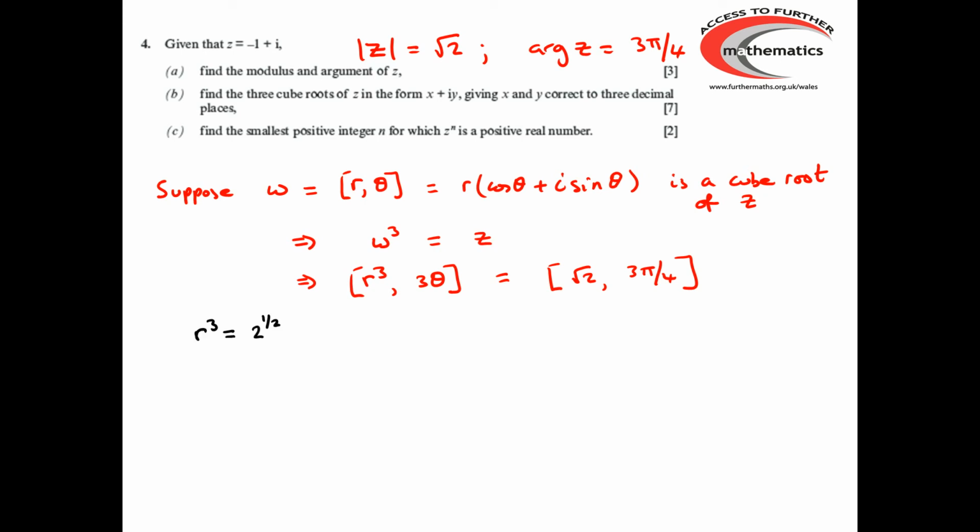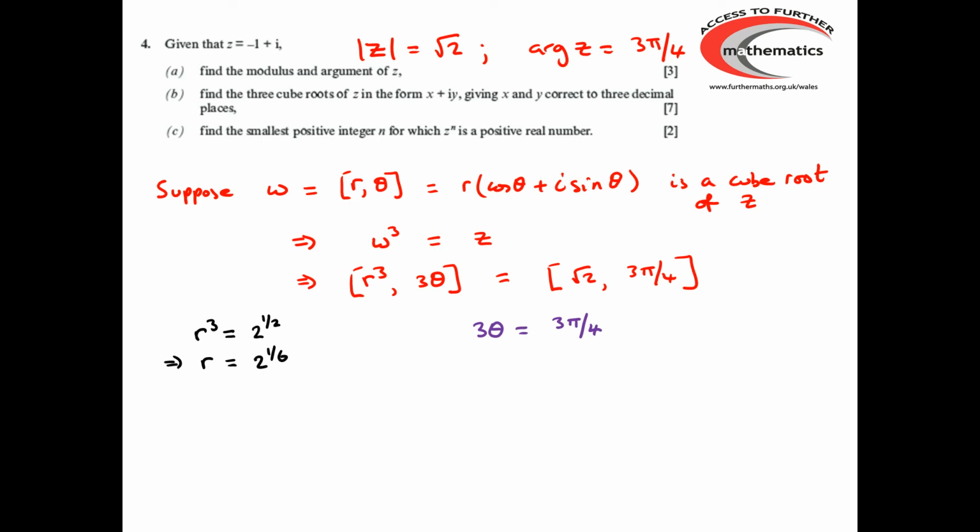So we've got r cubed must be root 2, in other words 2 to the half, so r needs to be the 6th root of 2, or 2 to the 1/6. We also know that we want 3 theta to be the same thing as 3 pi by 4. Now that's only going to give me one value for theta, so we need to stop and think for a moment or two.